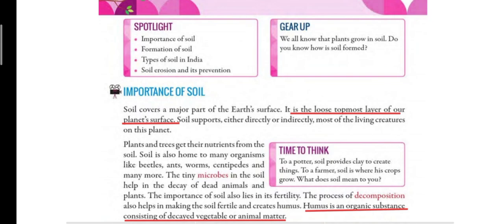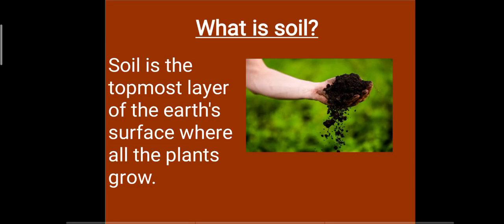It is a very important part of the Earth's surface. And what is soil? Soil is the topmost layer of the earth's surface where the plants grow. This is the definition, or the meaning, of soil.